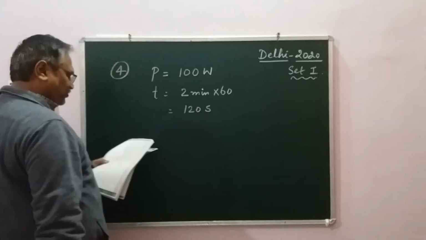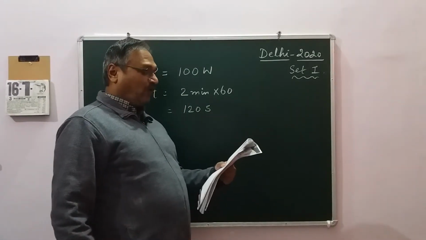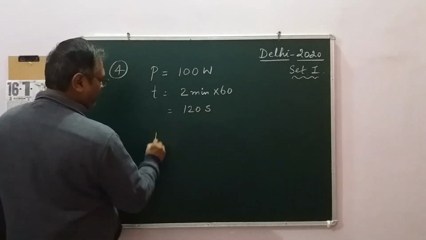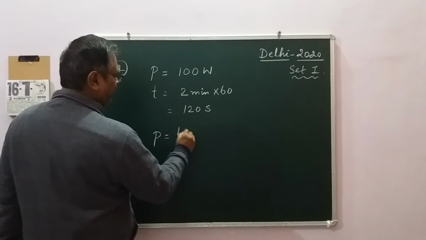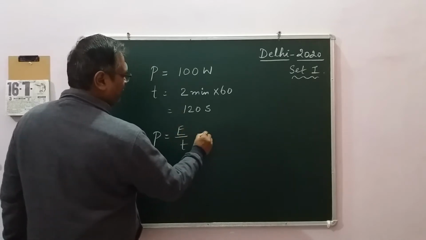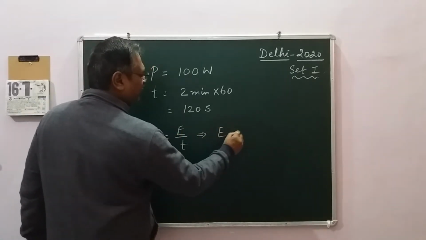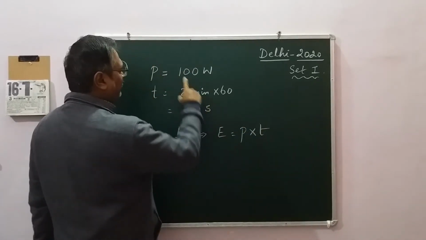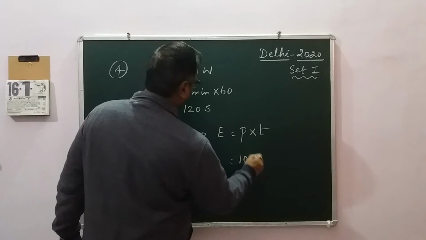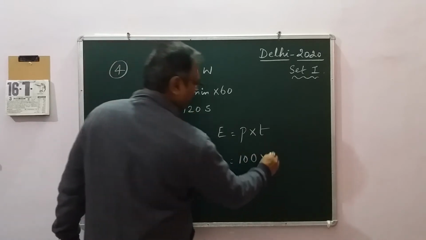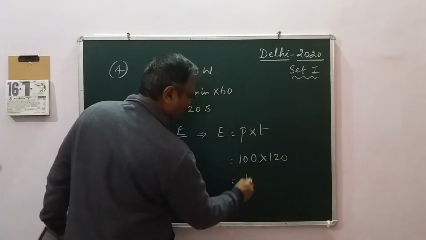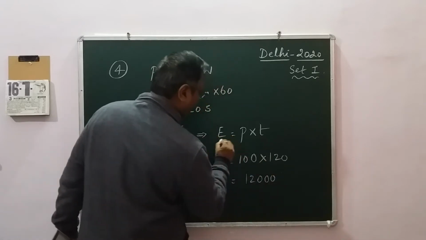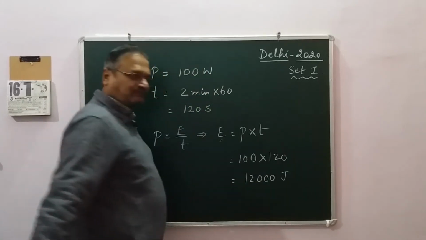So he is asking you how much heat, that is energy, is produced. So first we find that power is equal to energy upon time, which implies energy is equal to power multiplied by time. Power is 100. Time is 120. That is equal to 12 followed by 3 zeros. You will get energy in joule.